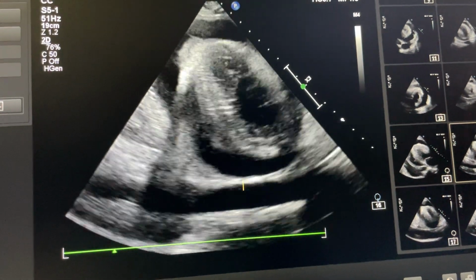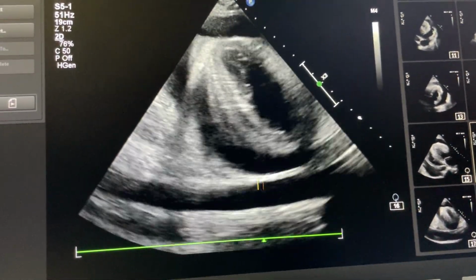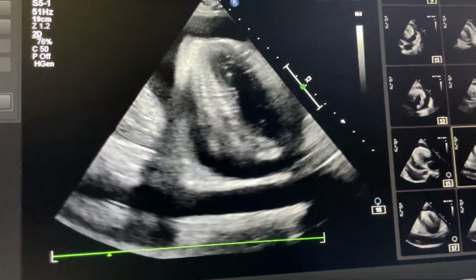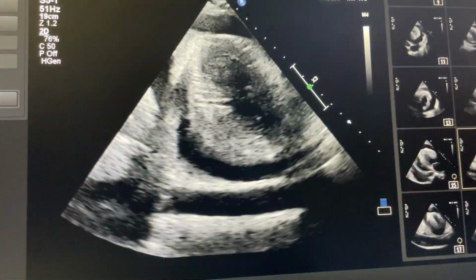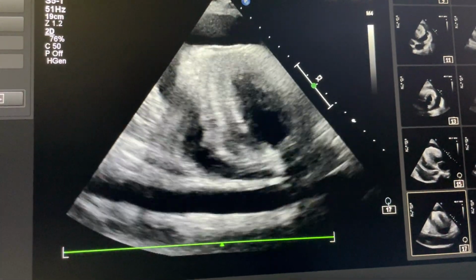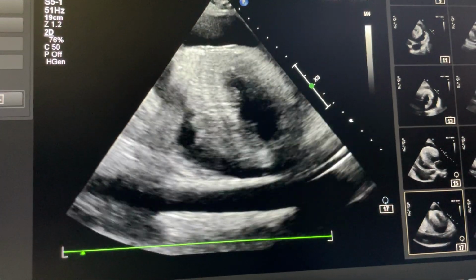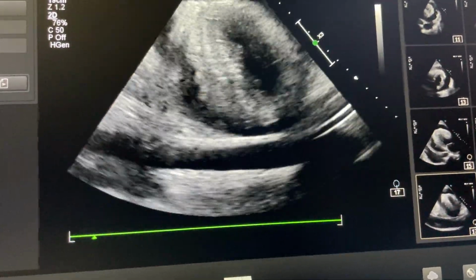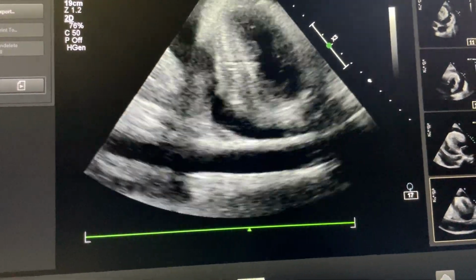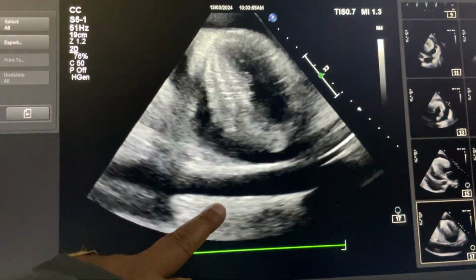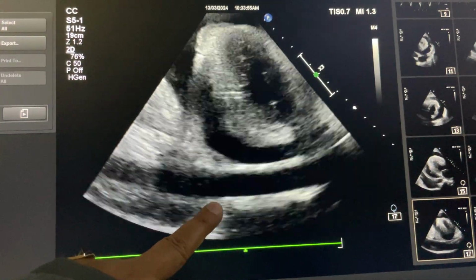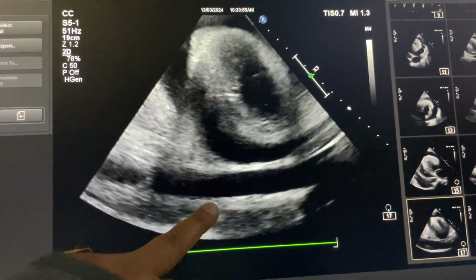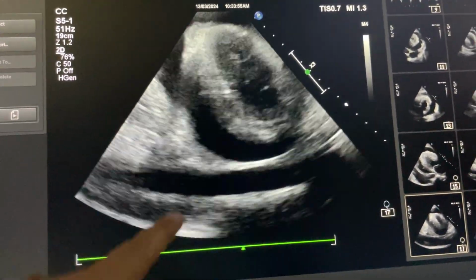Whenever the pleural effusion comes into view, it will be posterior to this thoracic aorta. You can see intermittently we get the image of pleural effusion. You see the pleural effusion comes posterior to thoracic aorta.